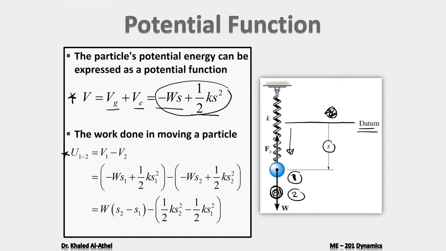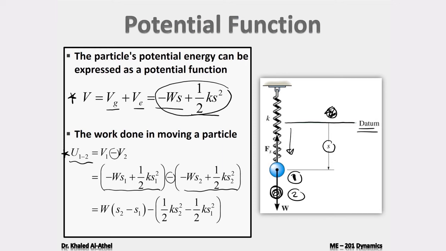So this is position 2. So I'm going to have minus Ws1 plus half Ks1 squared, all of this in a bracket. And then, since I have minus V2, because I'm going from 1 to 2, and the work done 1 to 2, minus Ws2 plus half Ks2 squared.